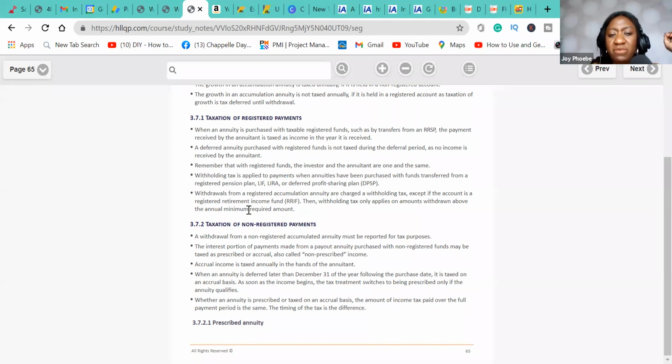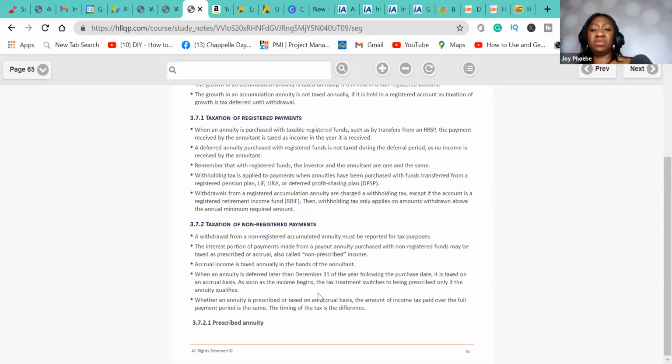Okay. Withdrawals from registered accumulation annuities are charged a withholding tax, except if the account is a registered retirement income fund. Then withholding tax only applies on withdrawals above the annual minimum requirement amount.